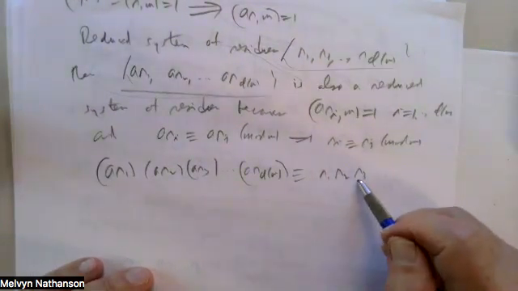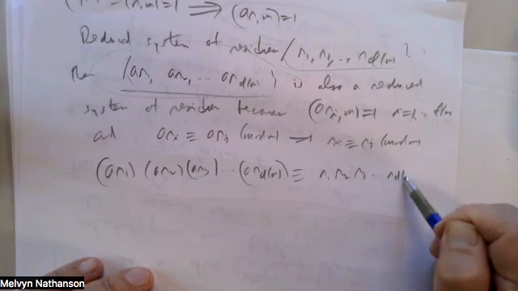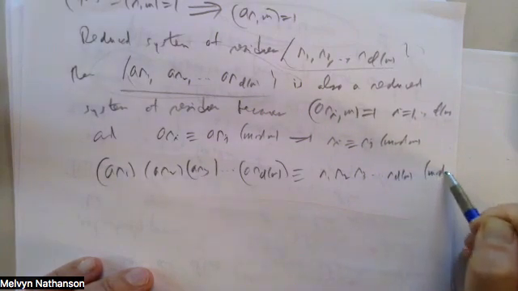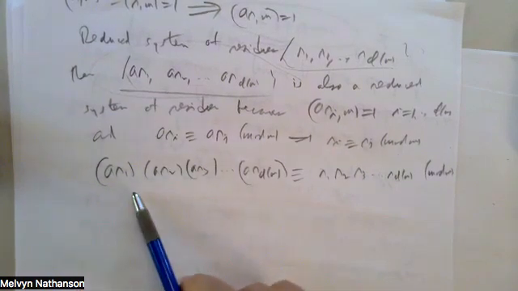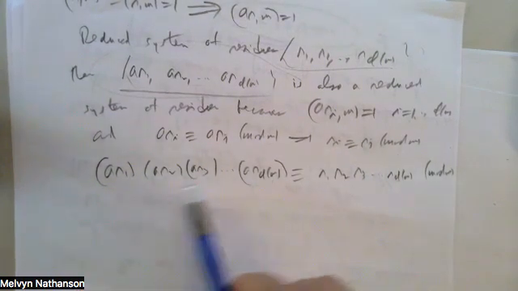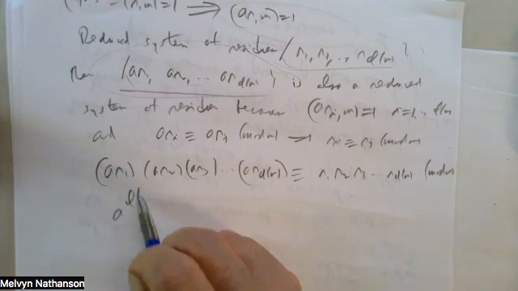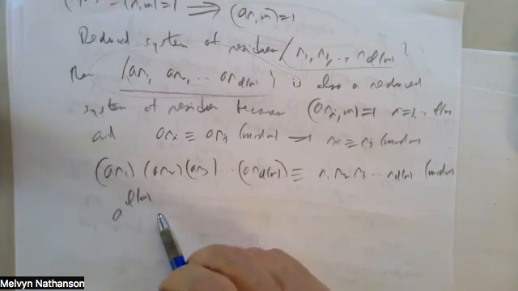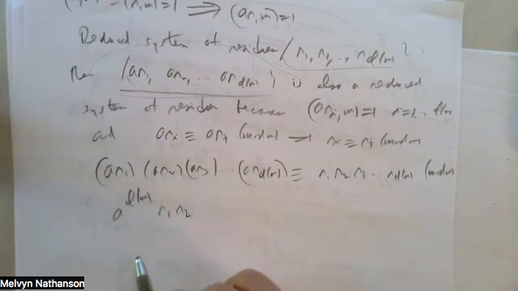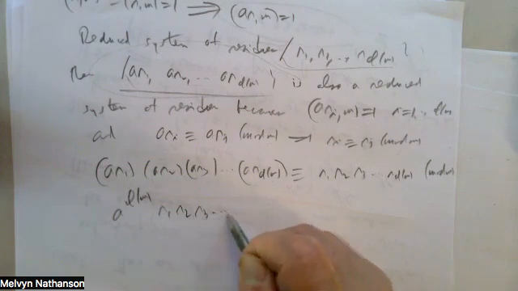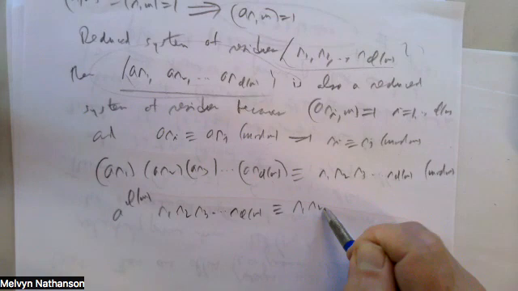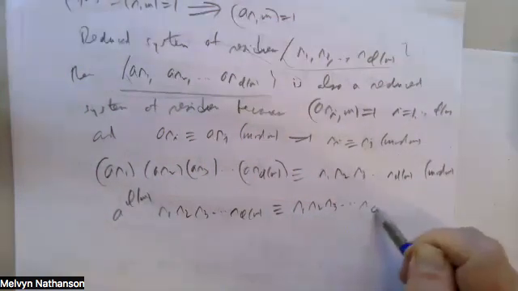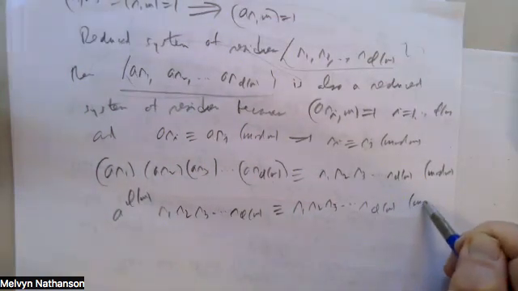This is the product of R1, R2, R3, up to R sub phi of M, mod M. And the left-hand side has phi of M terms, so if I factor out A to the phi of M, I get R1, R2, R3, up to R phi of M, congruent to R1, R2, R3, up to R phi of M, mod M.